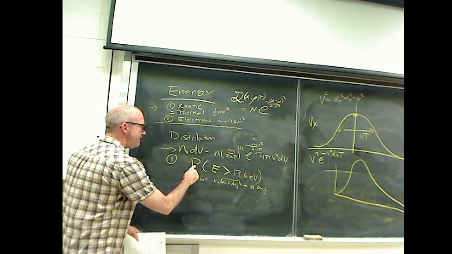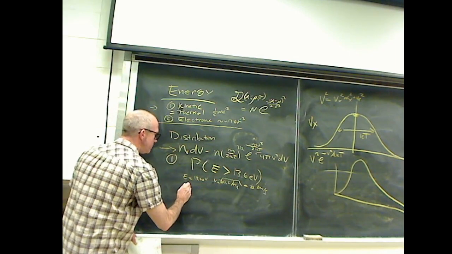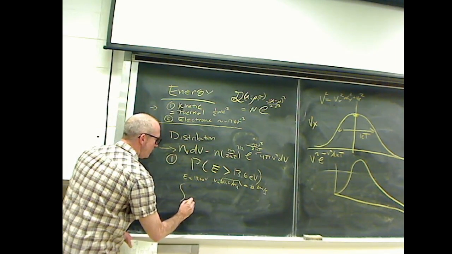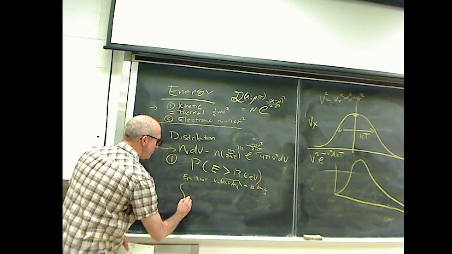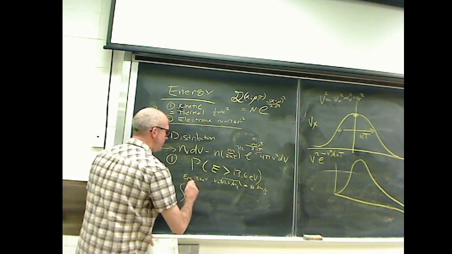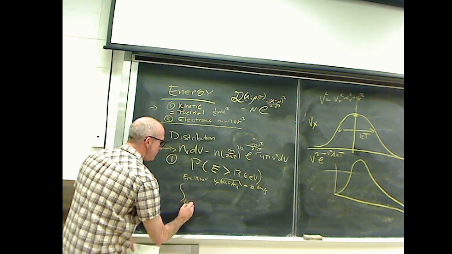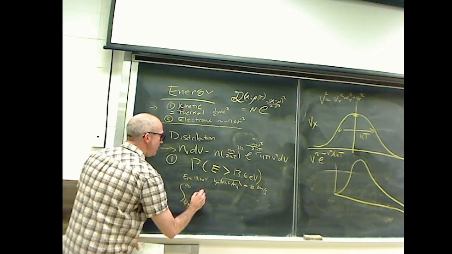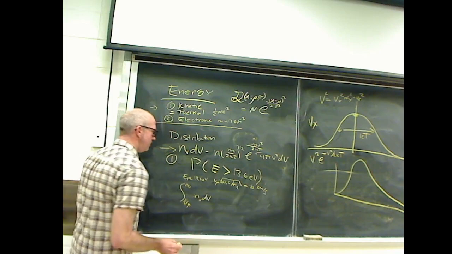If I want to find the probability that the energy is larger than 13.6, I'm just going to integrate from, we're going to call this E_I, from V_I for ionization. So we're going to integrate from V ionization to infinity of n of v dv, which is this integral.